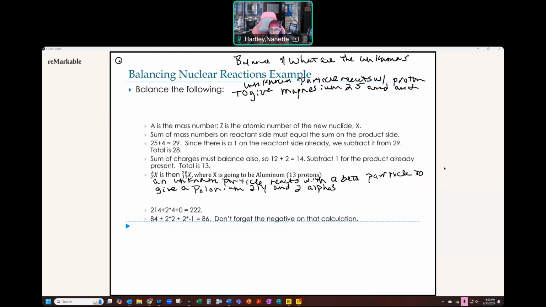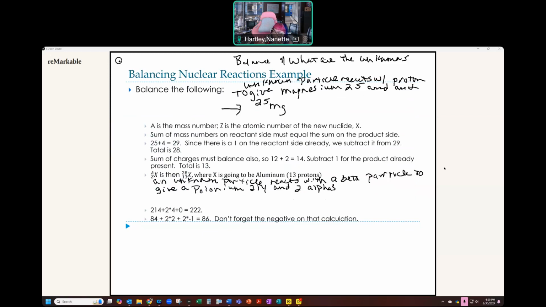So the goal here is to balance them and find the unknowns, because we're typically going to do it in that fashion. So an unknown particle reacts with a proton to give magnesium 25 and an alpha. So I know that I'm going to get something giving me magnesium 25, which means that I have 25 Mg.